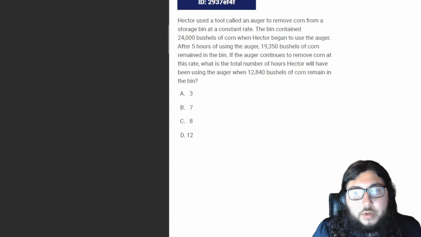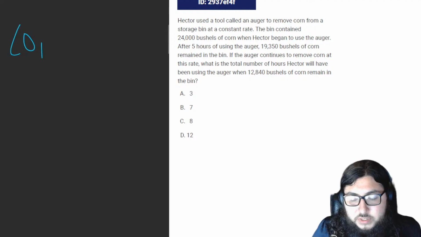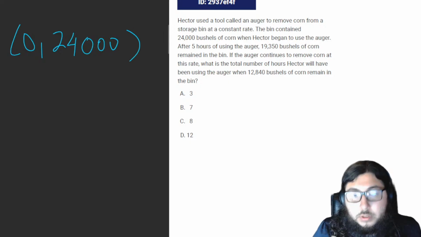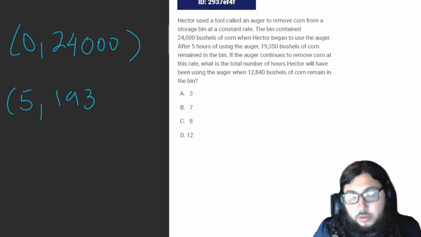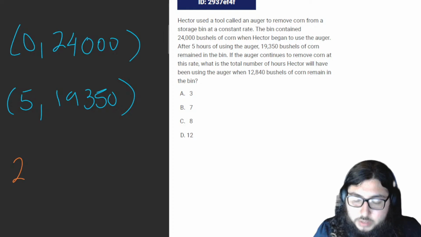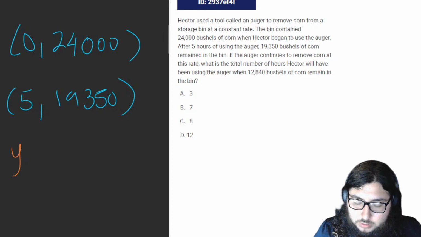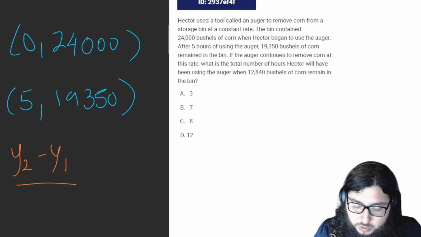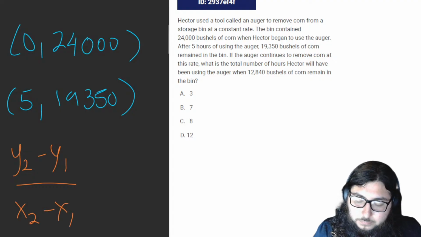So key thing here is recognizing that we have an ordered pair, 0 hours to 24,000 bushels of corn, and then after 5 hours we have 19,350 bushels. So we can calculate the constant rate by taking y2 minus y1 over x2 minus x1.